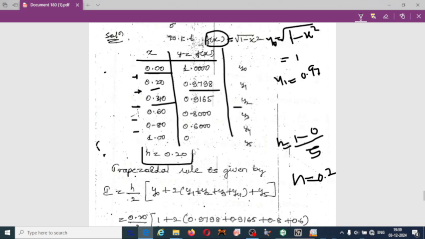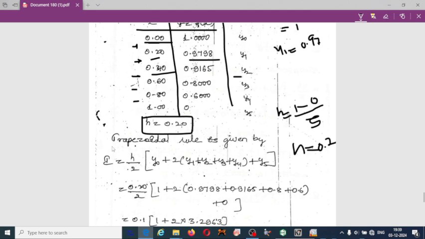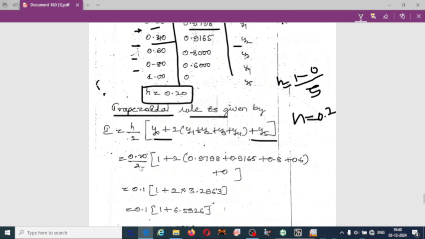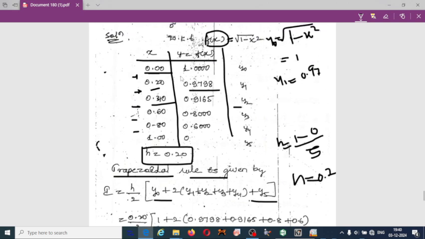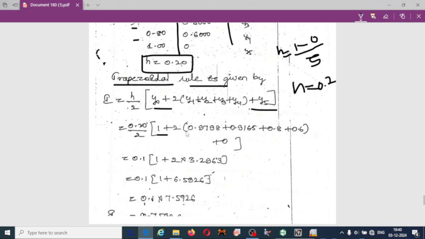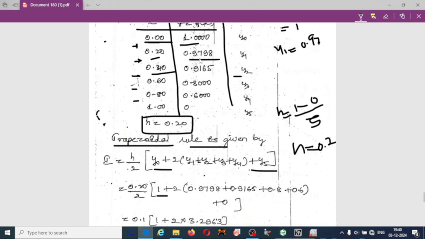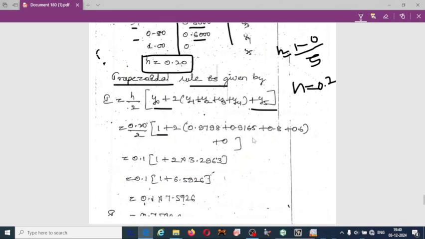So after getting the value of h, you can go for the first rule, that is trapezoidal rule. This is the standard formula for trapezoidal rule. I equal to h by 2 times y naught plus 2 into y1, y2, y3, y4 plus y5. Then 0.2 by 2, substitute y naught, that is 1 here, 2 into y1 0.9798, y2 0.916, y3 0.8.